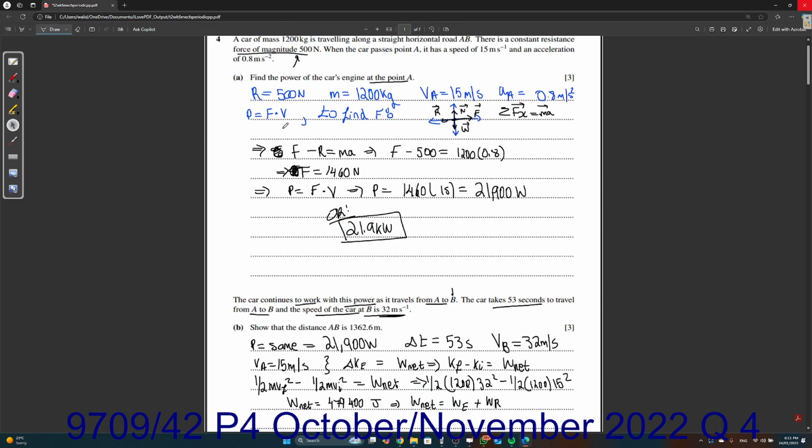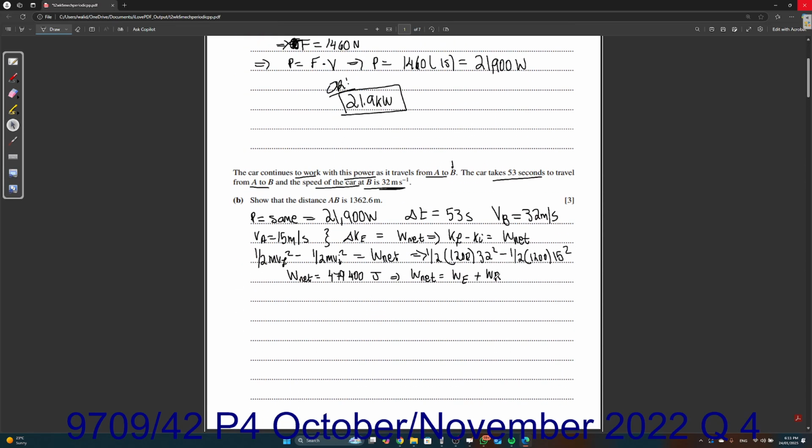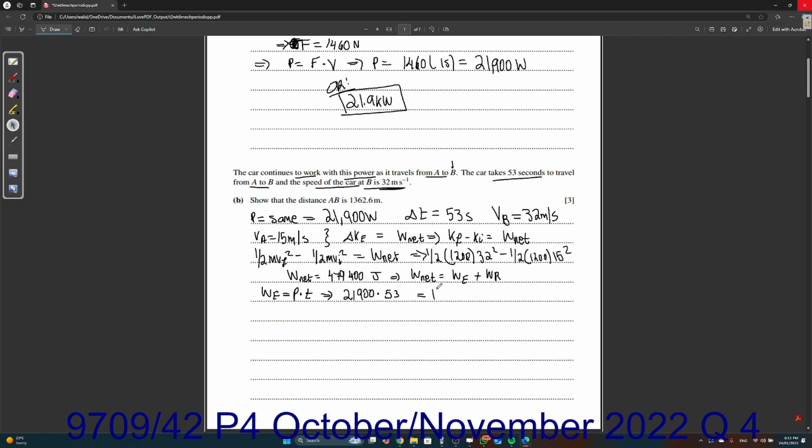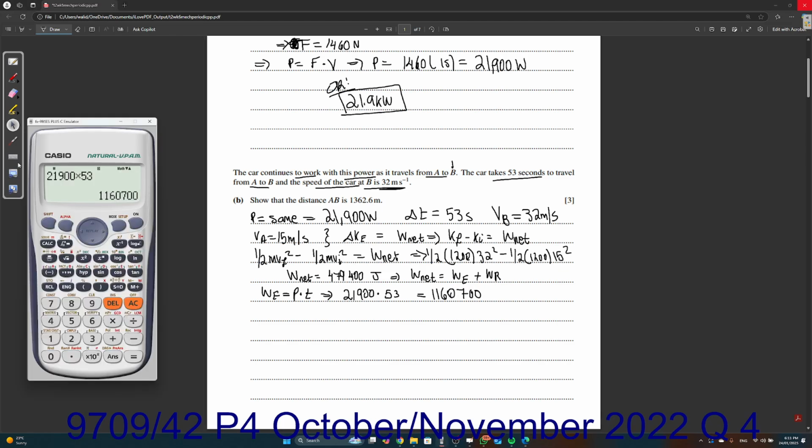Usually we call it friction, but here they're saying resistance R. Work done by the engine is equal to the power times time. So it's just going to be equal to 21,900 times 53, and you should get 1,160,700. Okay, so this is work done by the engine.